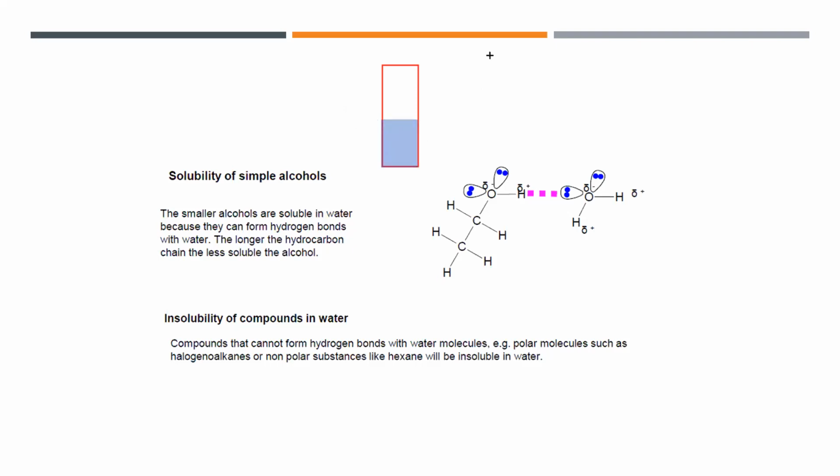The denser liquid will be at the bottom, and the lighter liquid, with low density, will be at the top. These two will be immiscible liquids. Why immiscible? Because they don't have the same type of intermolecular forces. For solubility, they should have the same type of intermolecular forces.